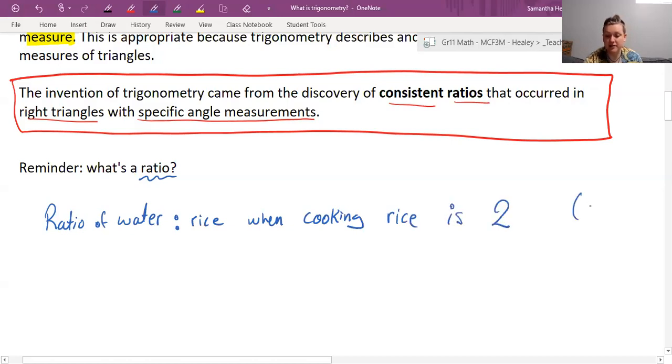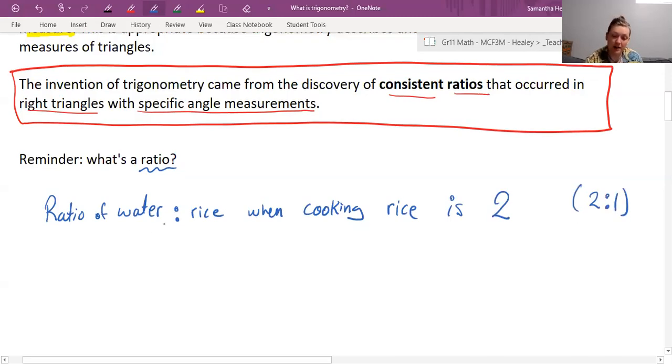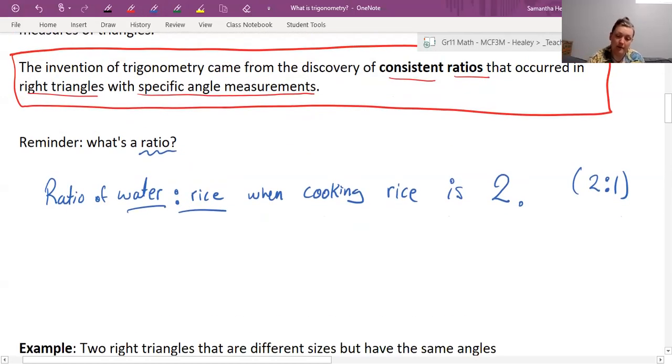Sometimes it's written as 2 to 1, but the ratio of water to rice when you're cooking rice is 2. So that means when I take the amount of water and the amount of rice, and I divide them, it should equal 2. And that should always be consistent.